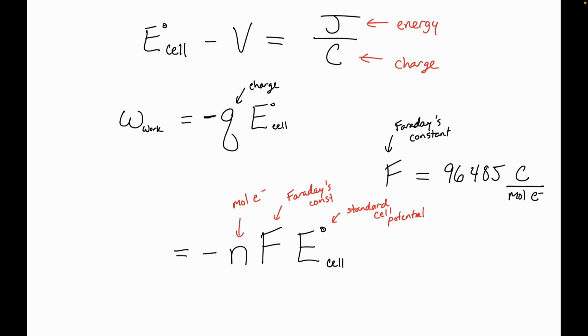All of these together would tell us the amount of work that our battery could perform, the amount of energy that can be devoted to doing work, what we've called before free energy. So we have our relationship between our free energy and our standard cell potential.